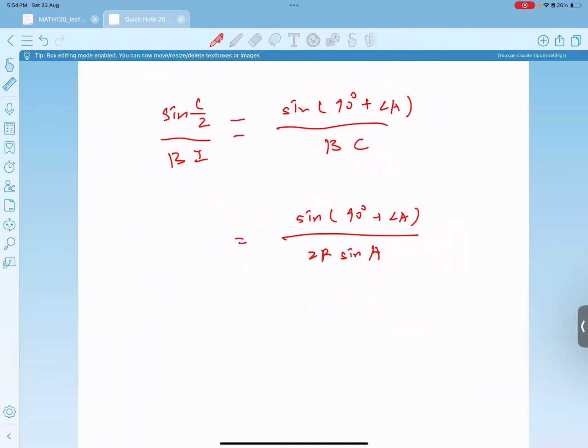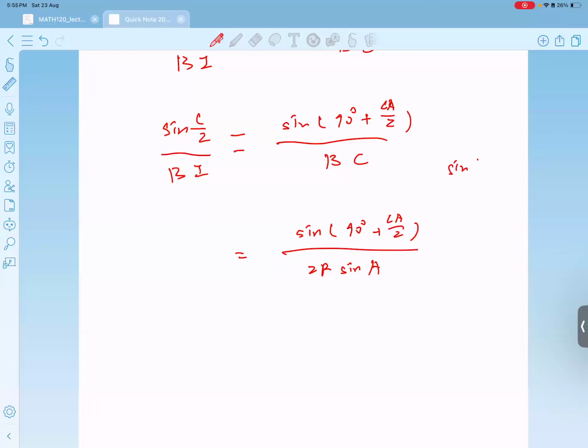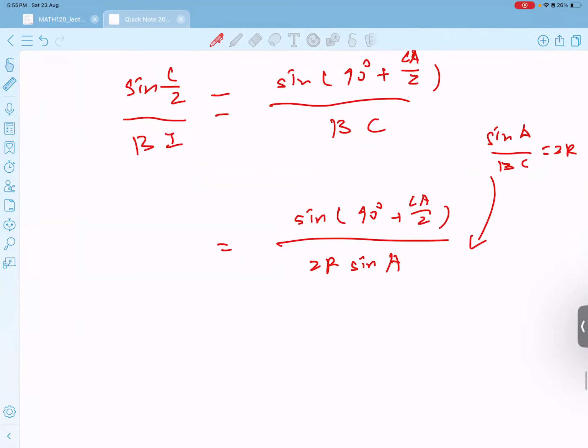So BC equals 2R sine A, because sine A over BC is just 2R. It's substituting. That's cool. And then you notice BI. We're just going to do one more step.